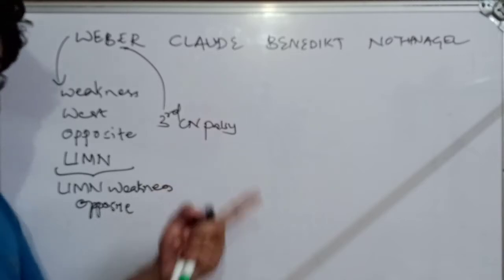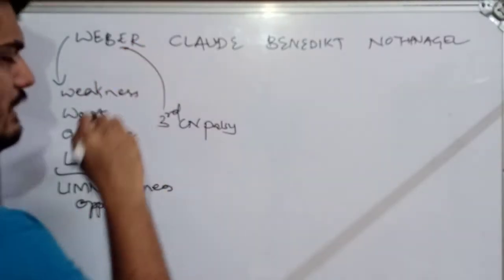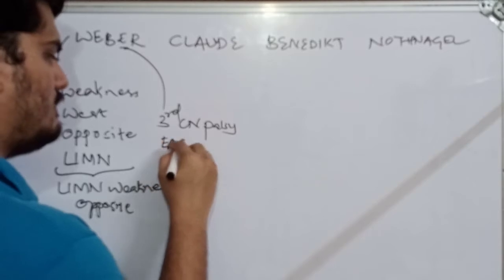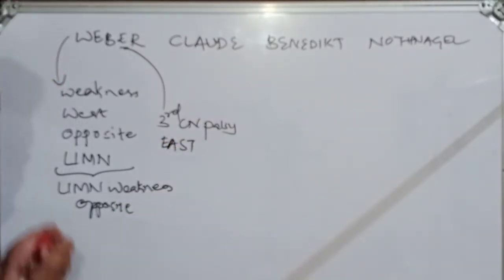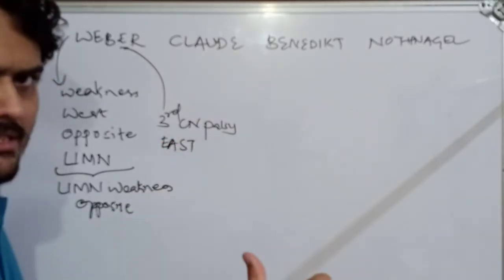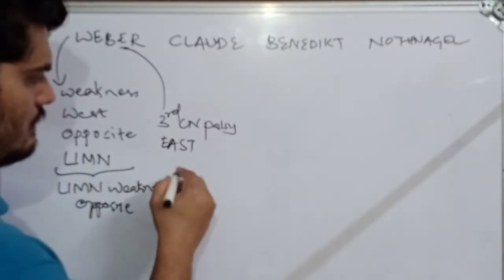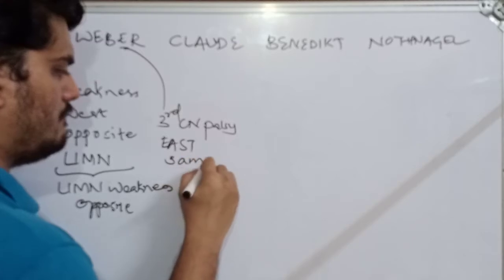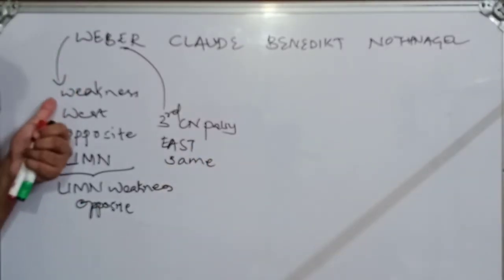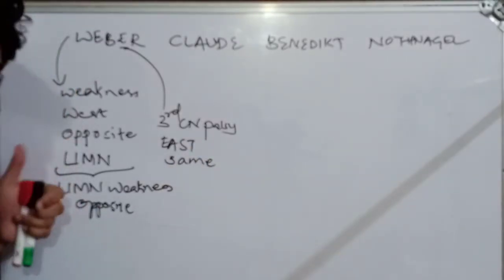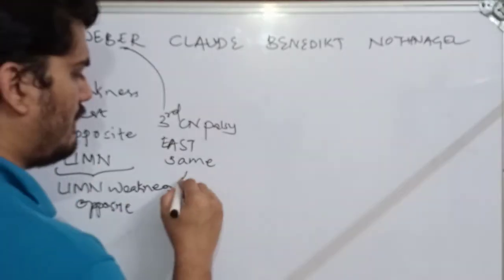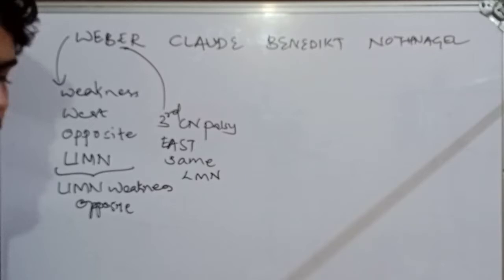Is it completely enough? No. Just write the direction associated with the E. What is that? East, right? So what logic did we apply? Something associated with the west is opposite, so something associated with the east is the same side. W is associated with the letter U, whose opposite is UMN type, so this is LMN type.